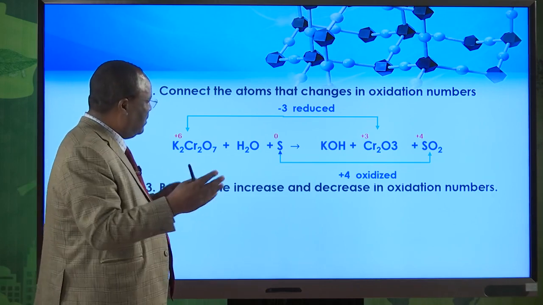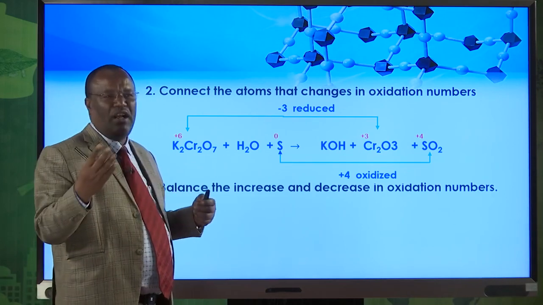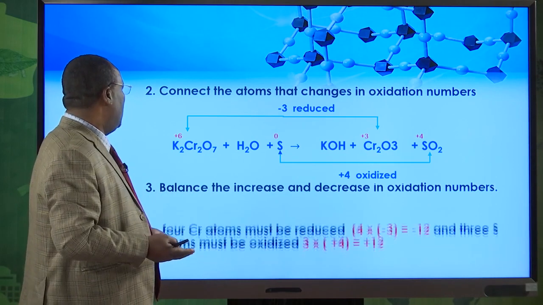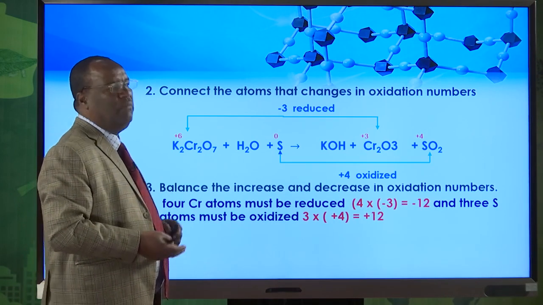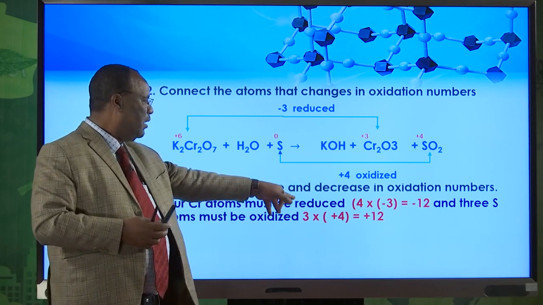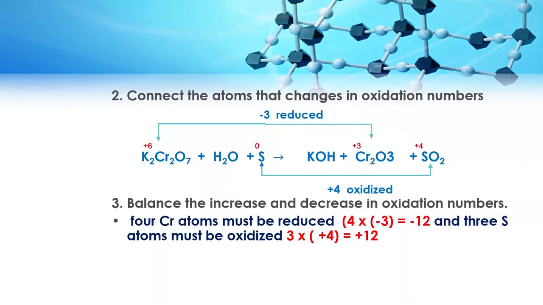How to balance the number of electrons gained or lost in this equation? For chromium, atoms must be reduced. Using the LCM method, we multiply by 3. 4 times 3 gives you 12, and 3 sulfur atoms must be oxidized. 3 times +4 gives you +12.